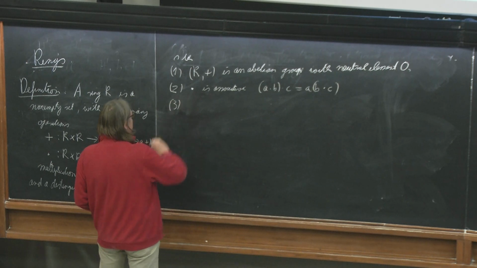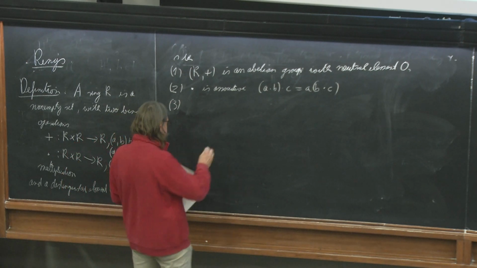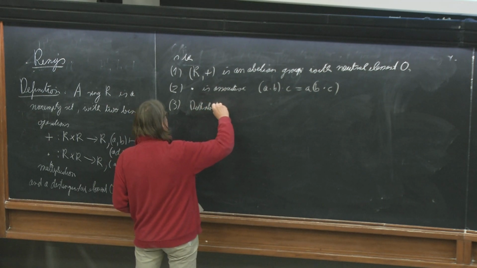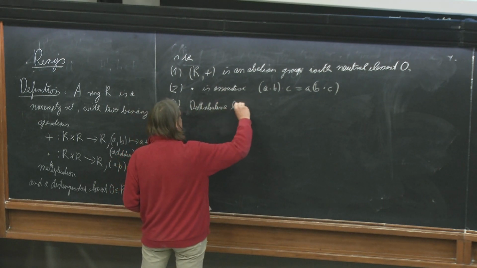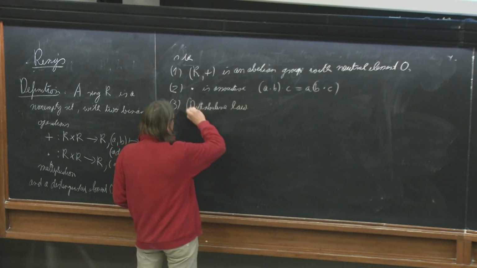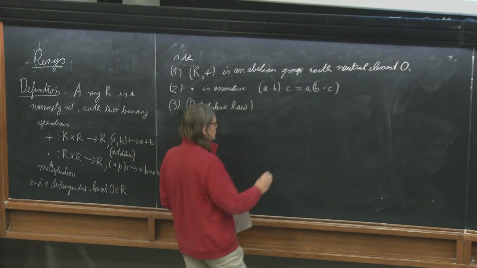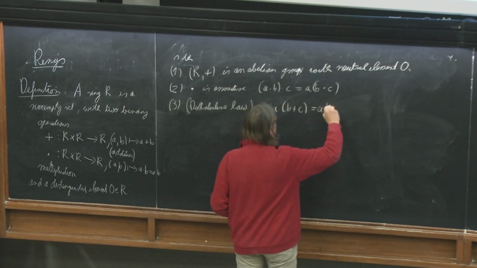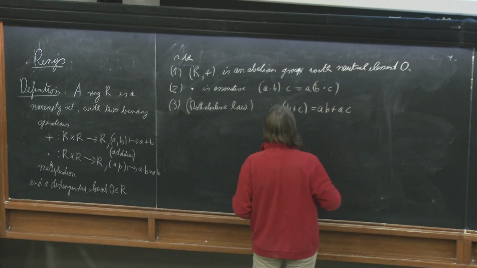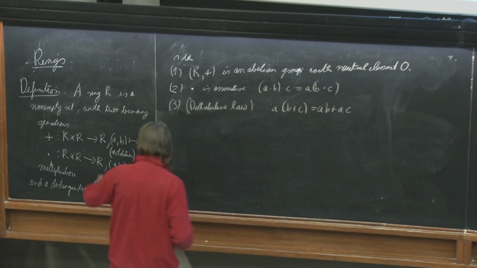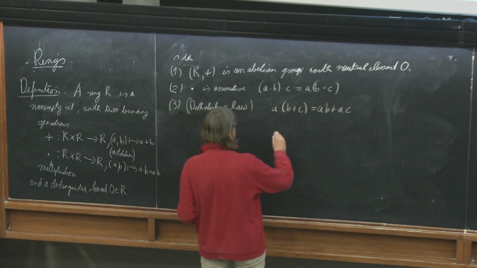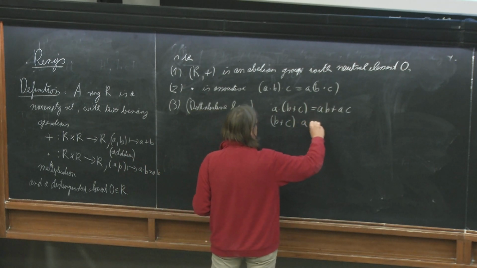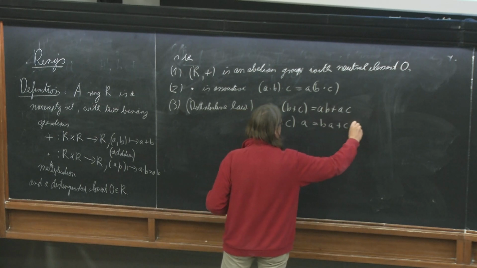So we have a basic compatibility, which is the distributive law, which says that A times (B plus C) is equal to AB plus AC. And as I have not assumed that multiplication is commutative, we also have to require it the other way around, namely (B plus C) times A is equal to BA plus CA.